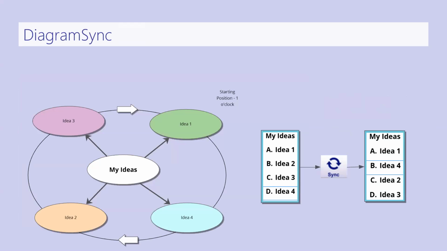So producing this feature, the DiagramSync, we had to step back and try to reflect in terms of how users map and how they would want the reflection of their ideas visually to be reflected in terms of the hierarchy when they moved over to the outline view.